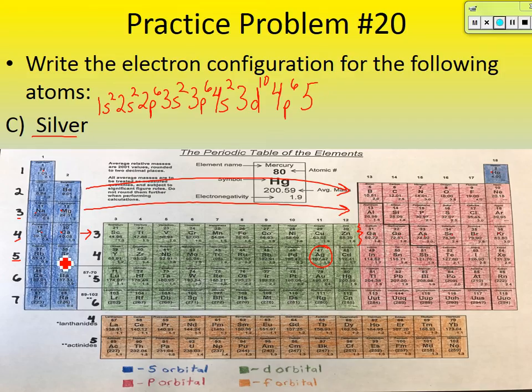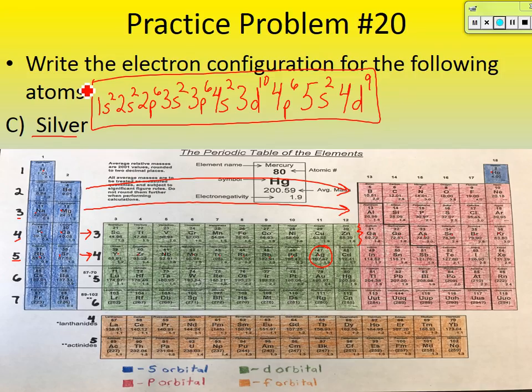We're in the s orbital, and there's 2 across. Okay, now be careful again. We're heading over to the d orbital. That always drops down, so we're in the fourth energy level now. D orbital. And to get to silver, it's 1, 2, 3, 4, 5, 6, 7, 8, 9 over, so there's 9 electrons. Okay. And that will be your electron configuration for silver.